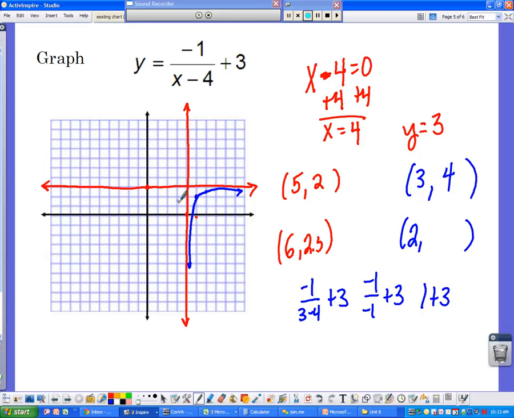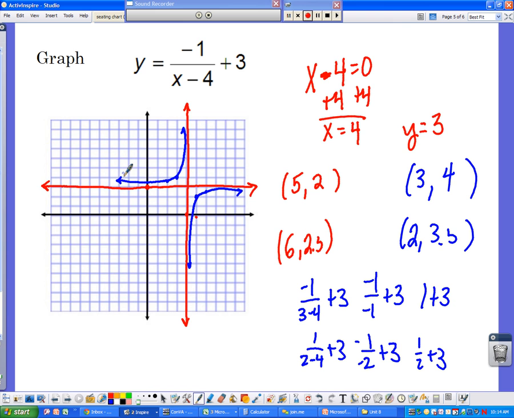And the next one I get negative 1 over 2 minus 4 plus 3. So negative 1 over negative 2 plus 3. So it's negative over negative, so I get 1/2 plus 3, which is 3 1/2. So 2, 3 1/2. So there's what our graph needs to look like.